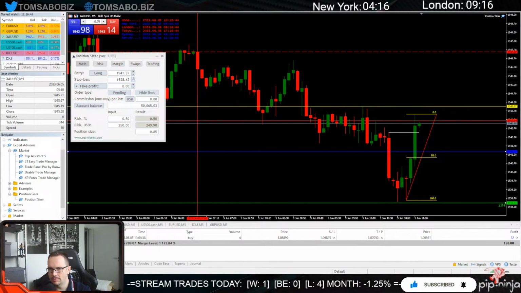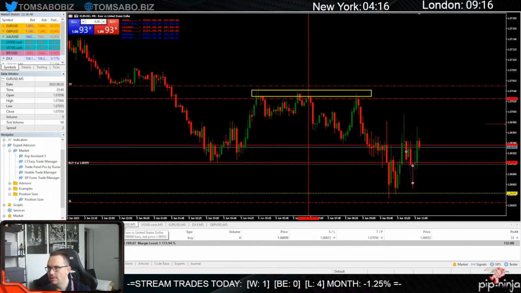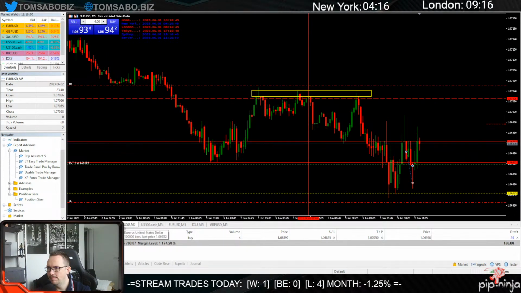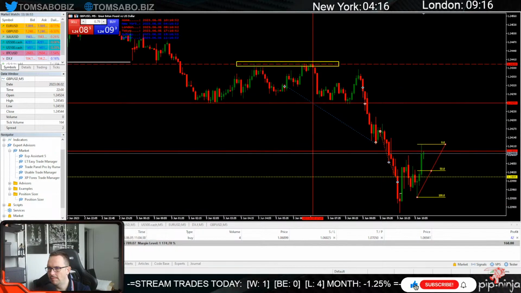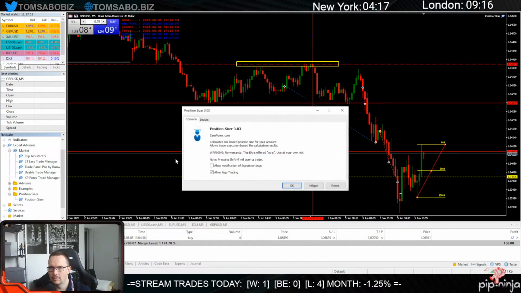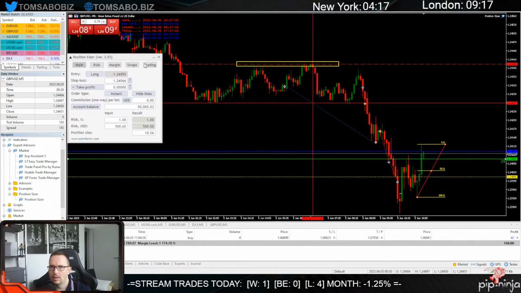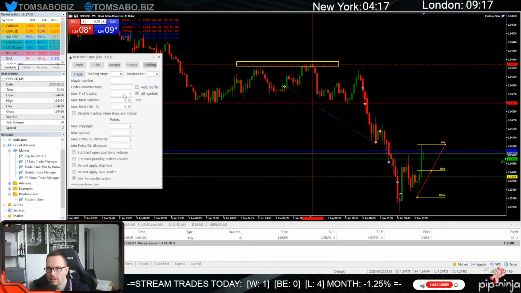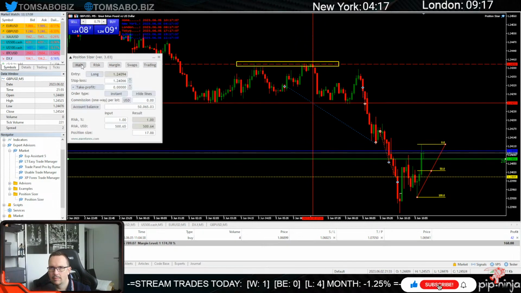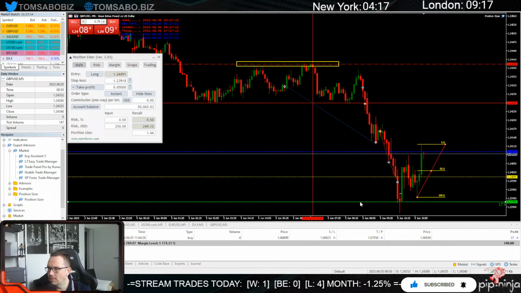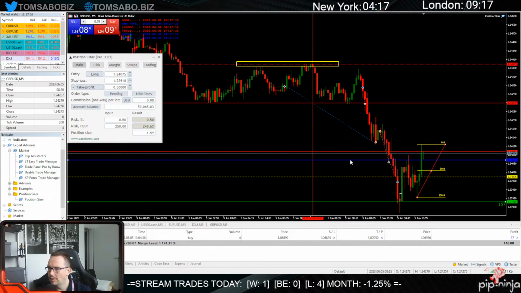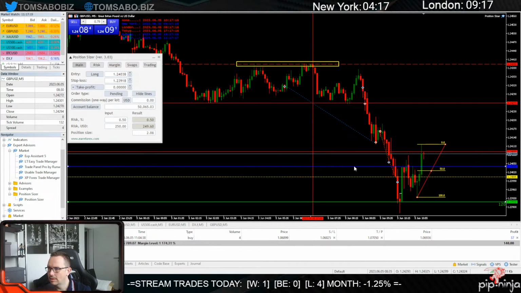I have to wait for some confirmation here. Same goes for the pound. I have to wait for it to close this candle right now.